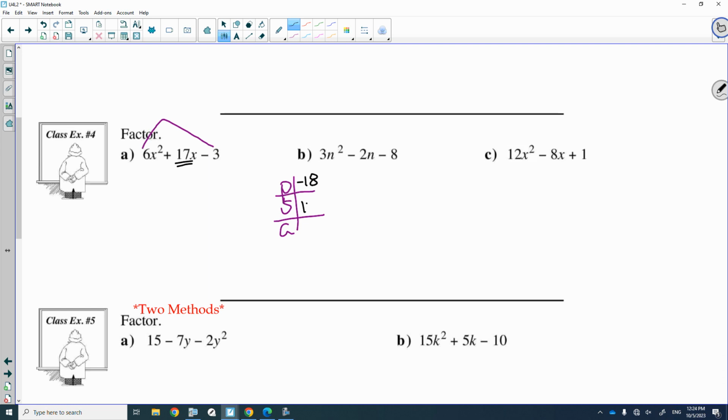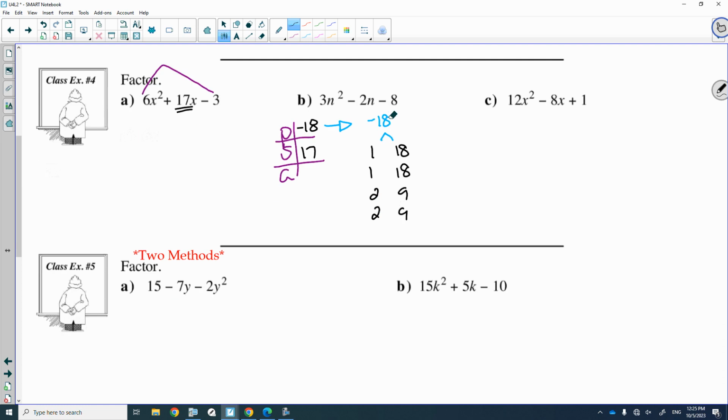Sum of 17. You take that product and you say to yourself, what are all the numbers that multiply to negative 18? Now, remember, I could write the numbers twice, right? 1 and 18, 1 and 18, 2 and 9, 2 and 9. And the reason why I want to do that is because I'm getting a product of negative 18. 1 times 18 will give me positive 18.